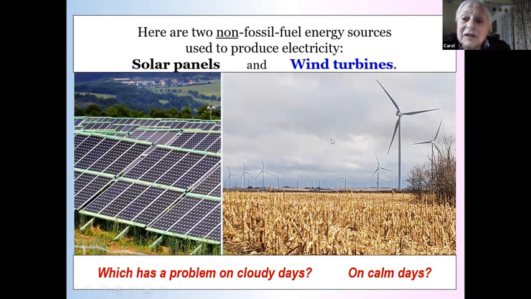When I traveled exactly a year ago, from Texas through Oklahoma, Kansas, Nebraska, Iowa, Illinois, I saw in rural areas wind turbine after wind turbine after wind turbine. This is a way to produce electricity, although it's kind of a problem if the wind isn't blowing. But in much of the Midwest, the wind blows much of the time.